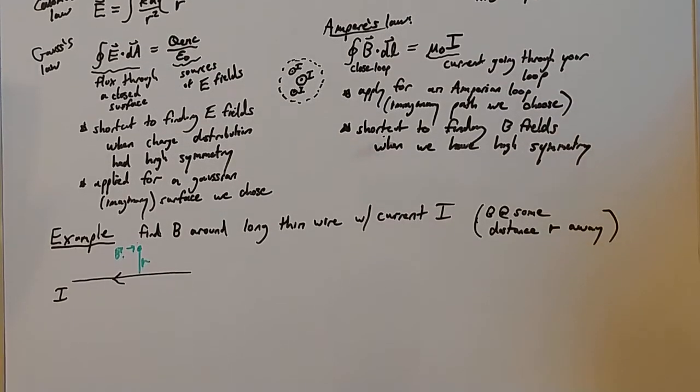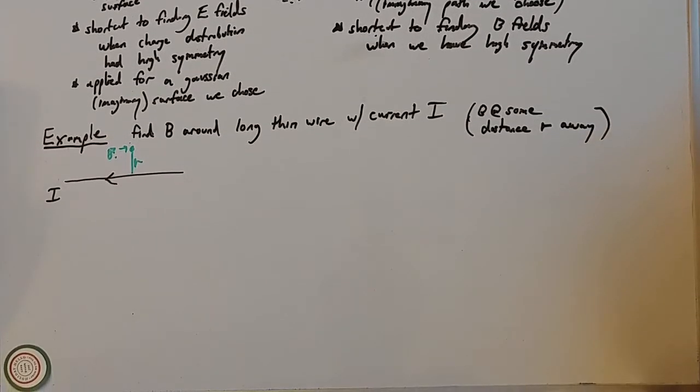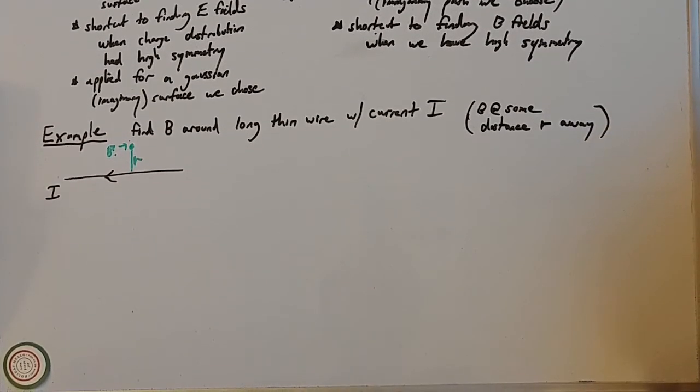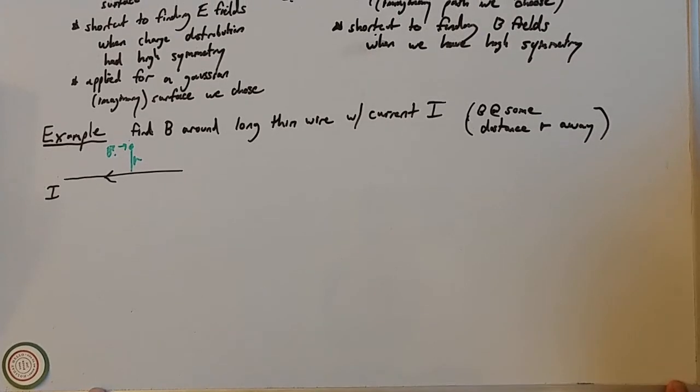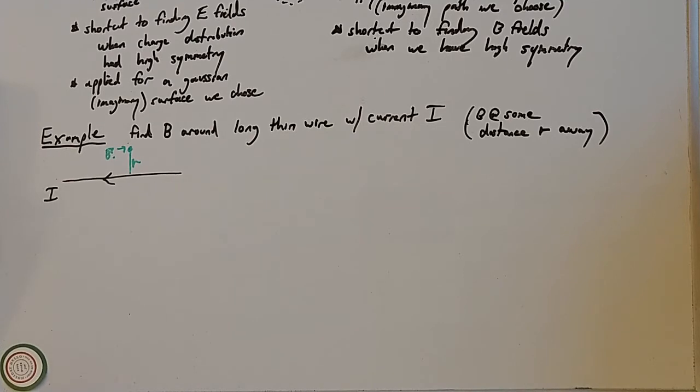I'm going to need a little more board space here. Okay, so what are the steps? How do we do this? Well, just like with Gauss's law, the first step was to choose a Gaussian surface that exploited the symmetry and intersected with the spot that we care about.